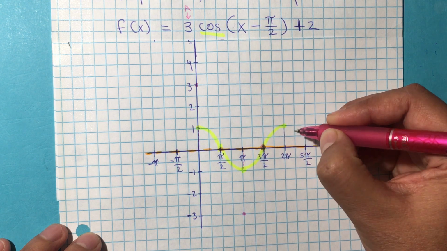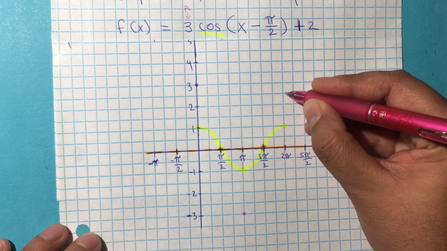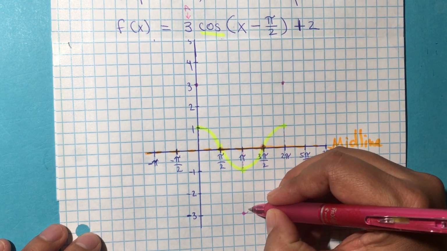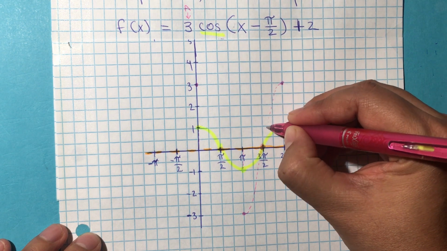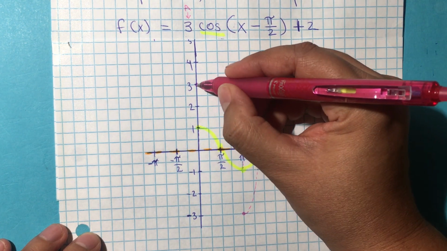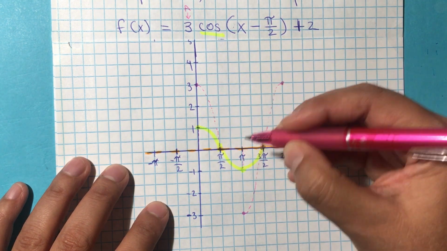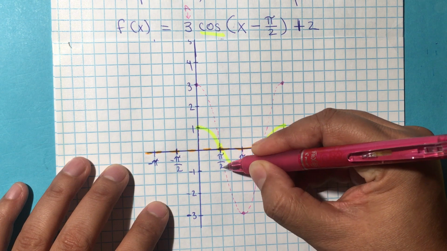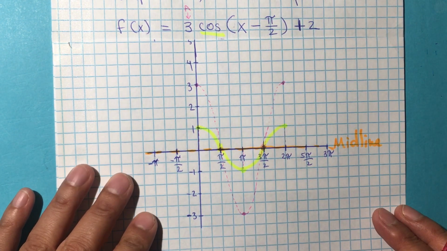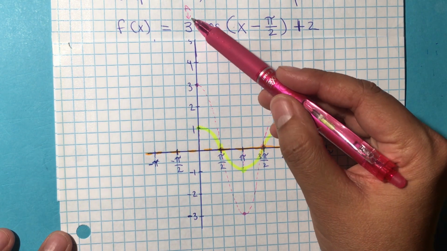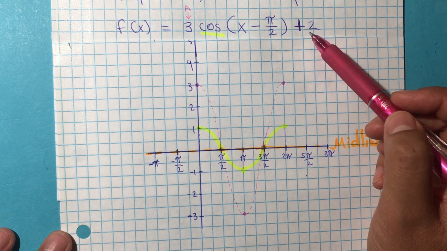The amplitude here is 1. 1 times 3 is 3. So now we count 1, 2, 3. But that's only the amplitude. Okay, it changed the amplitude only. And we still need to work with the other parts, so that's why I'm writing it dotted. It's not the actual final transformation. Okay, so that's just for this part, but we still need to do the horizontal shift and the vertical shift.